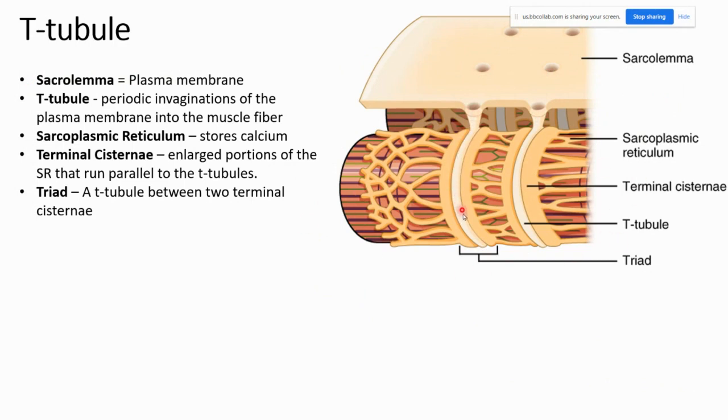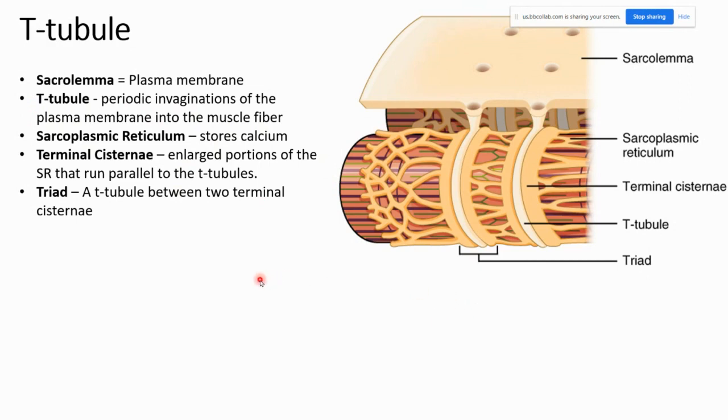So the action potentials are entering the cell on these transverse tubules. There they are, T-tubules, periodic invaginations of the plasma membrane, the sarcolemma, into the muscle fiber. Before we finish the story, nothing has contracted yet. The muscle fiber is excited and has an action potential rushing through it, but the myosin and actin have not slid against each other yet.